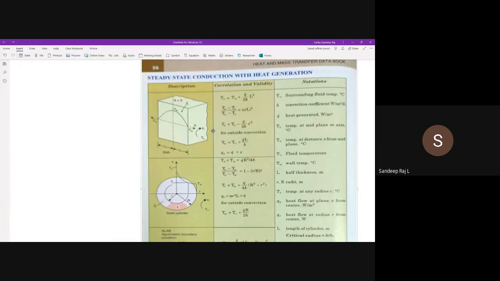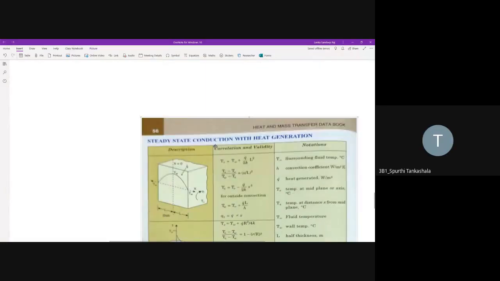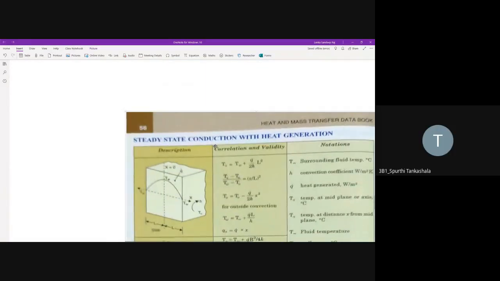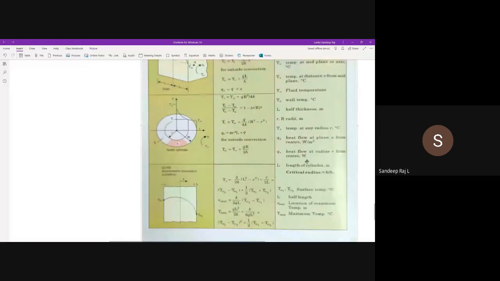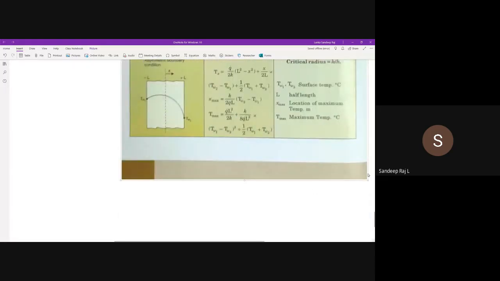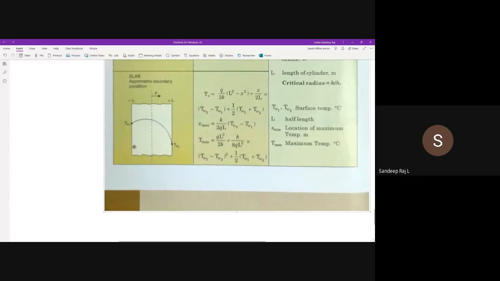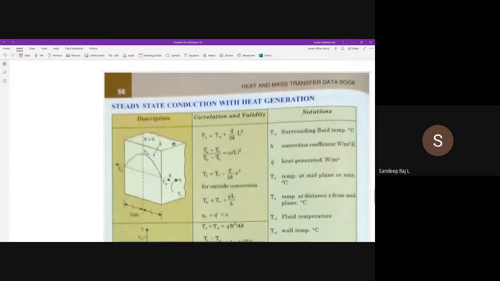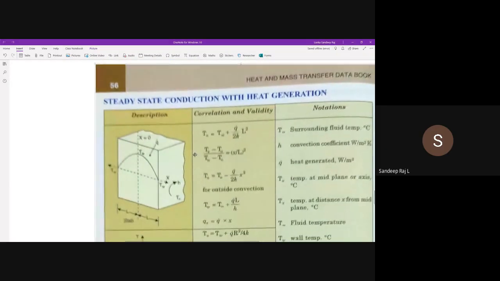The letters are not clear to you? Hello? Am I audible? Yes, sir. Are the letters visible to you on screen? I'll increase the size. Now I think it's better.